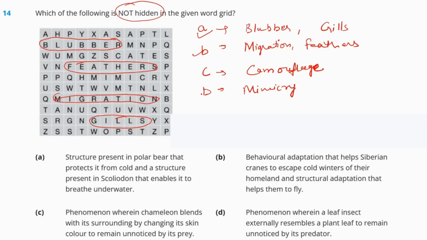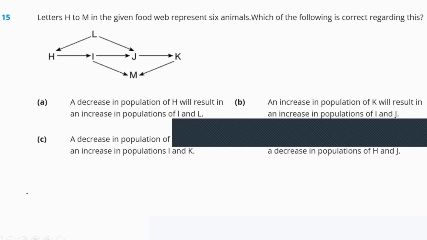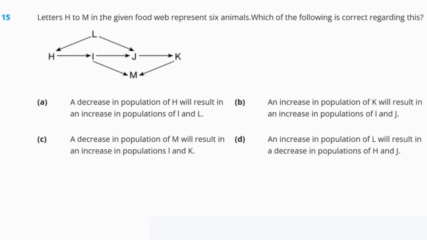Camouflage I could not find. Let me find if I find out the mimicry. Mimicry is here. So what I couldn't find? The camouflage. So our answer would be option number C here. Okay, question number 15 now. Question number 15 says, letters H and M, N in the given food web represent six animals.